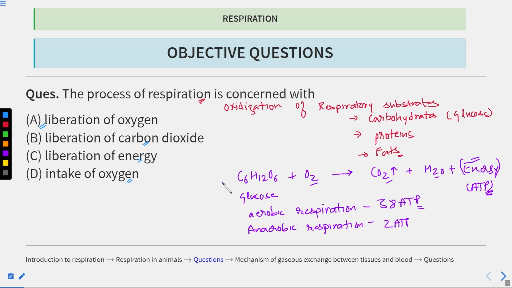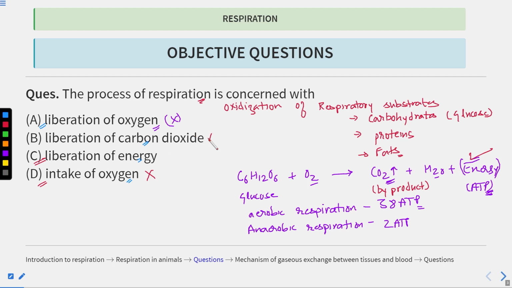Here the options are liberation of oxygen, so this is not correct. Liberation of carbon dioxide: carbon dioxide is produced as a byproduct, but the main role of respiration is to produce energy in the form of ATP. Option C is the liberation of energy, and option D is the intake of oxygen, which is also not correct.